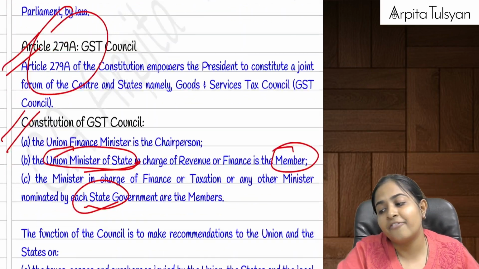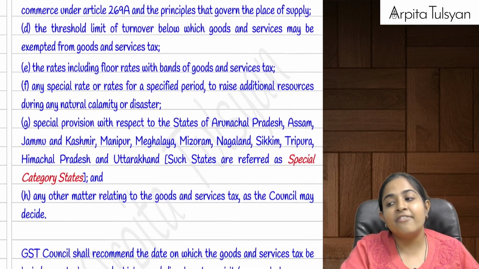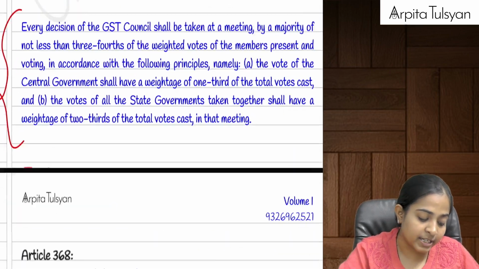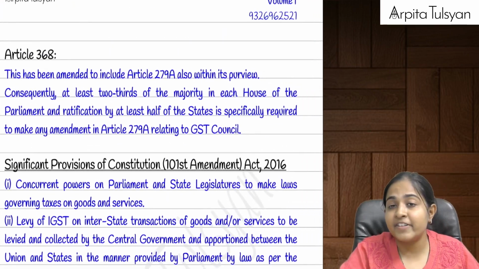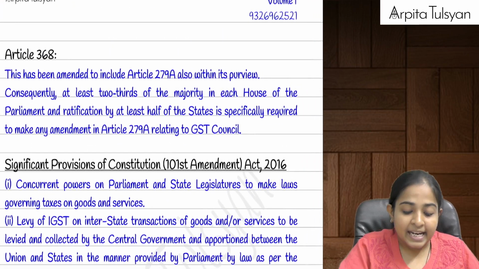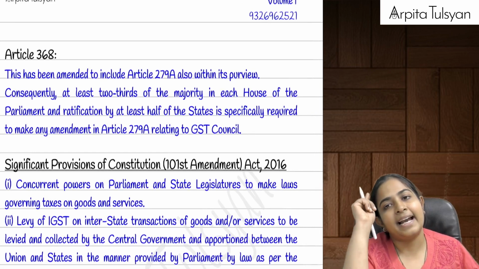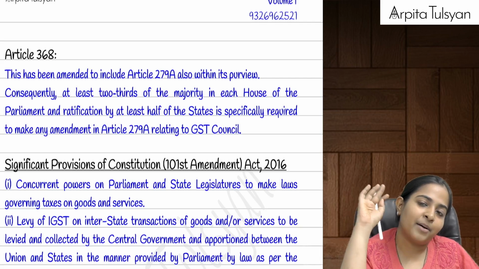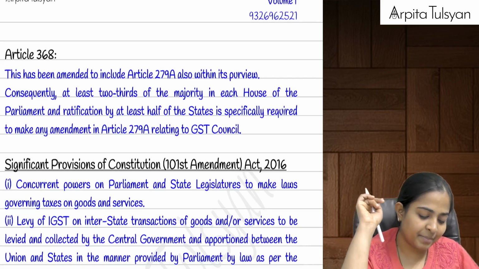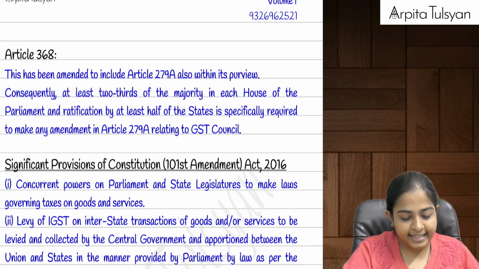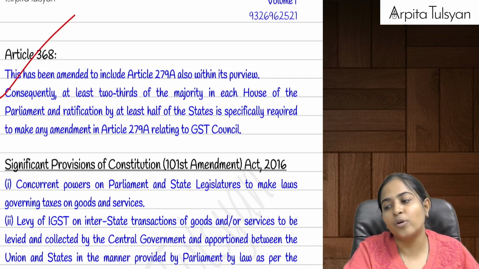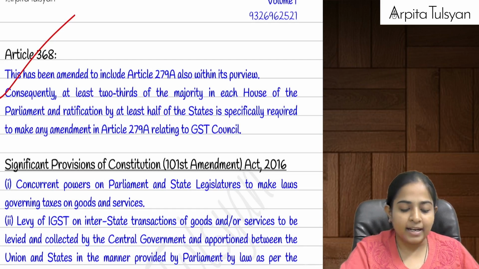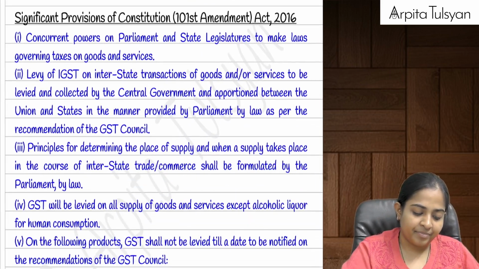So if we want to make changes in the GST Council, then again it is a constitutional amendment. If it is a constitutional amendment, then we'll have to take the approvals from the Lok Sabha, Rajya Sabha, and from the respective states. By taking the approvals from those houses and from the state legislatures, you can do the amendment here. Are you clear with this?